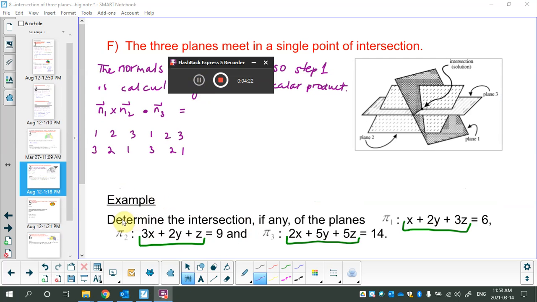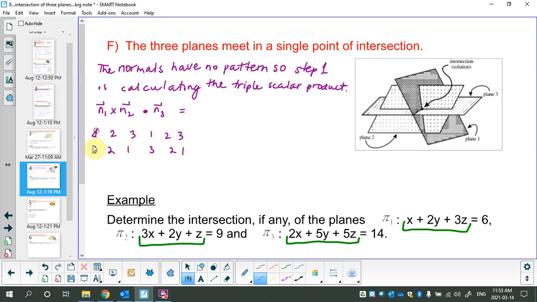Okay, so I moved all my stuff and set up for the cross product of normal 1 digits and normal 2 digits. Those digits better known as components. So I am going to go down to the right, minus down to the left, down to the right, minus down to the left, down to the right, minus down to the left.